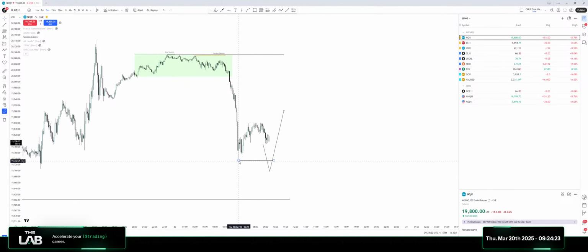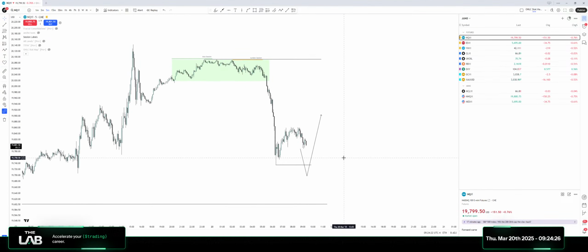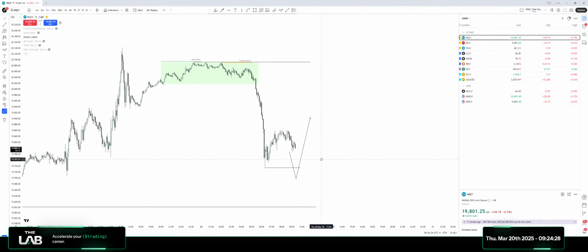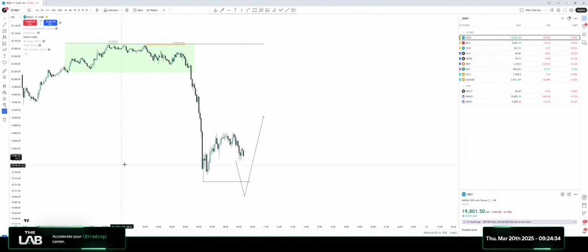So right now we have a clear variable that we want to see actually happen before we take a trade, is that we get a sweep, most likely this low.